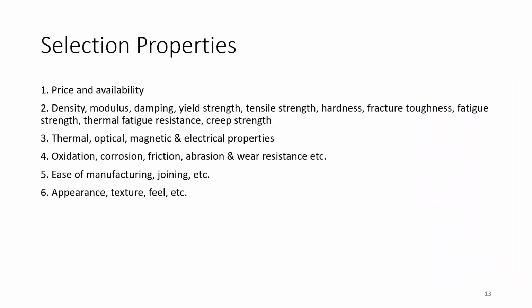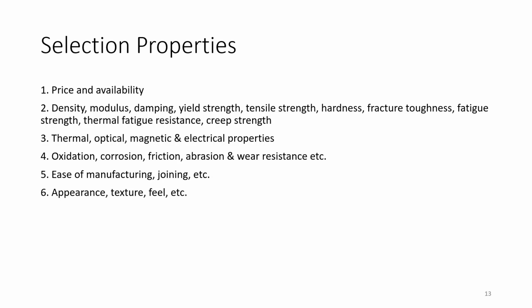Now selection of properties. First and foremost property is related to the price and availability of the material. Next up you have density, modulus, damping, yield strength, tensile strength, hardness, fracture toughness, fatigue strength, thermal fatigue resistance, creep strength. These are some mechanical properties.